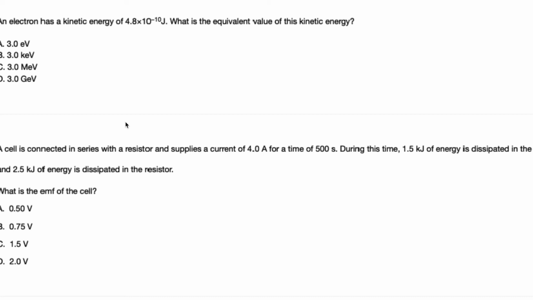An electron has a kinetic energy of 4.5 times 10 to the power of -10. What is the equivalent value of this energy in electron-volts? So you need to convert joule to electron-volt, so you just need to divide it by a unit of 1.6 times 10 to the negative 19th power.